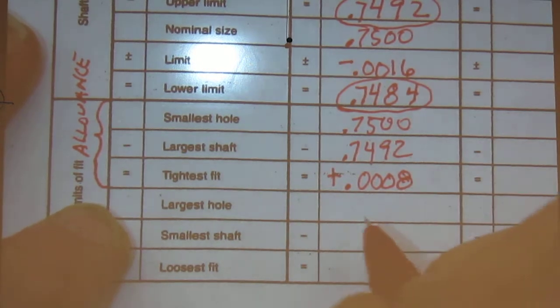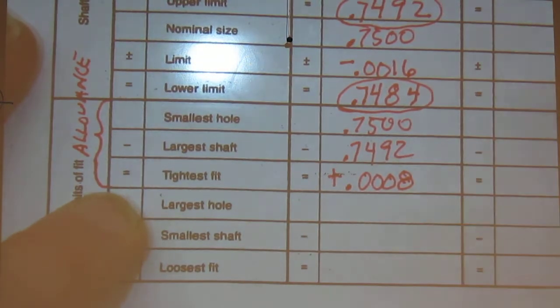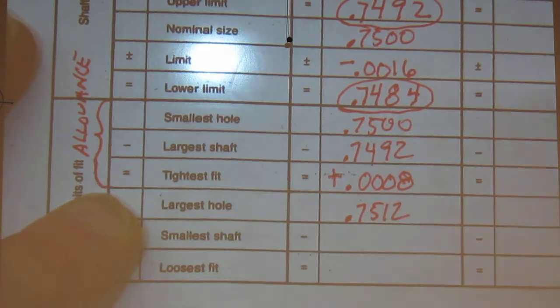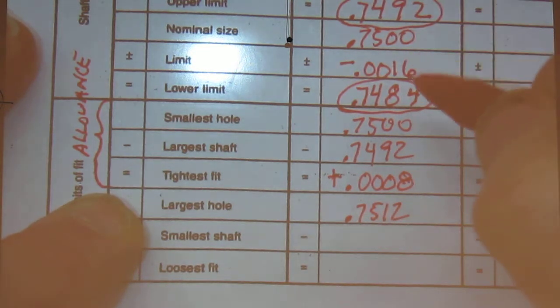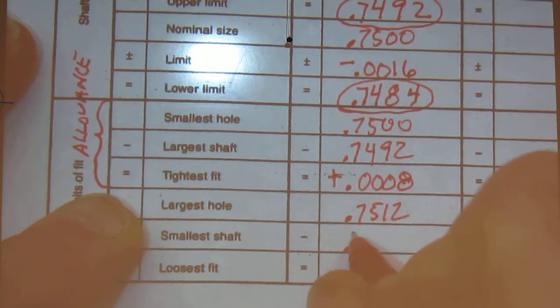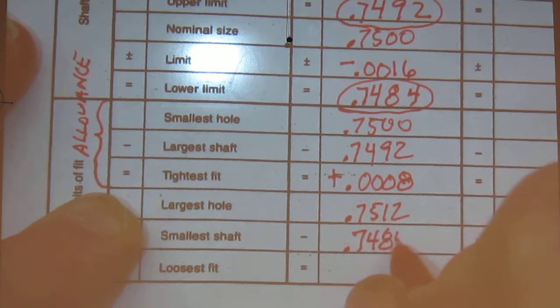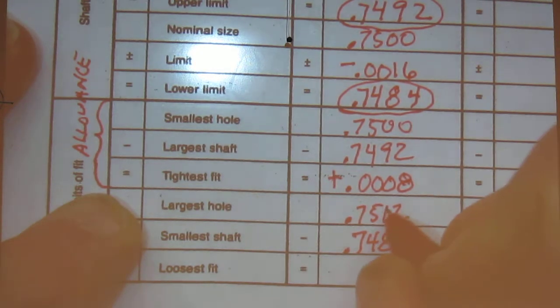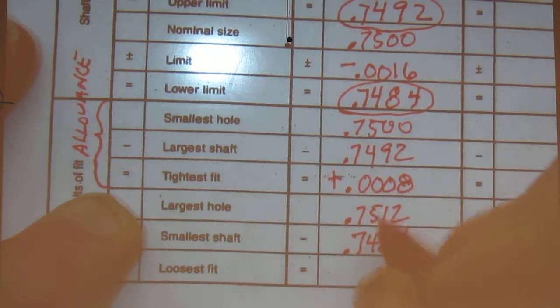Then we'll look at it at least material condition. So I look for my largest hole, which is 0.7512. I look for my smallest shaft, which is 0.7484. 4 to 12 is an 8. Goes to 10, that's a 2.